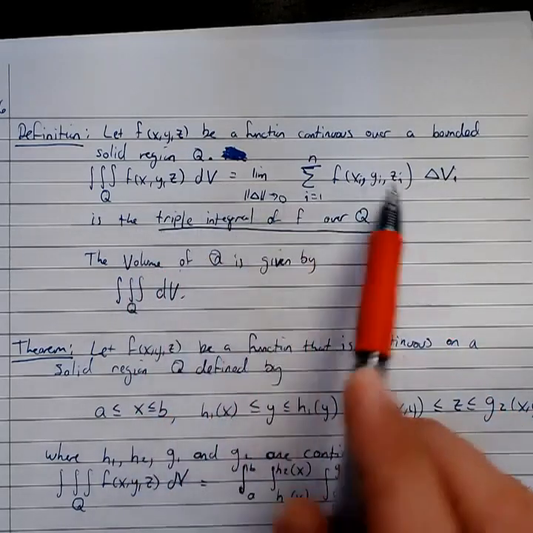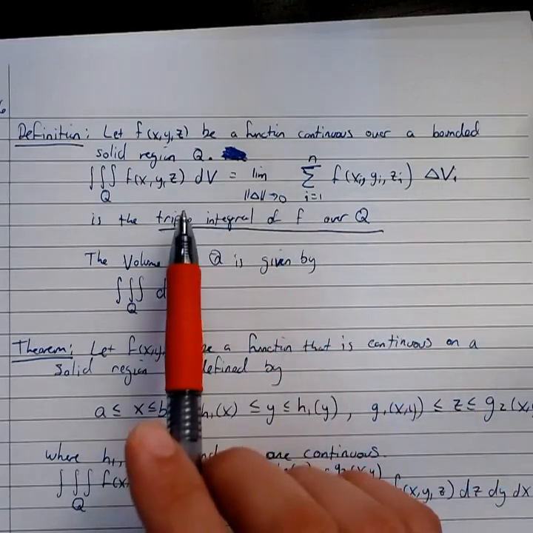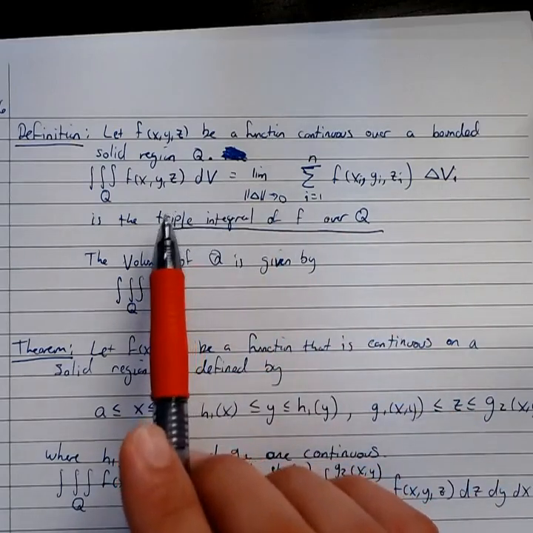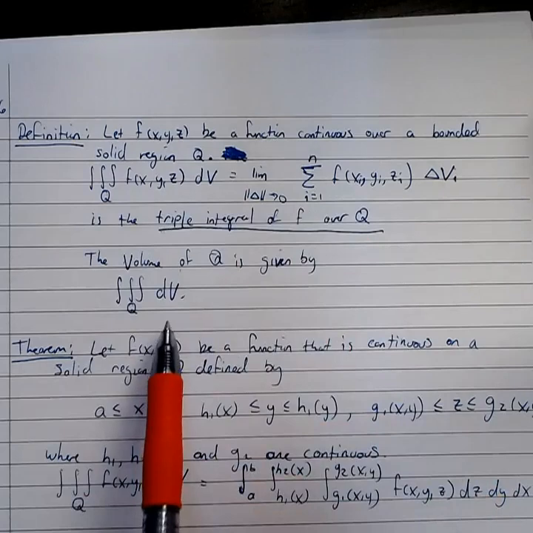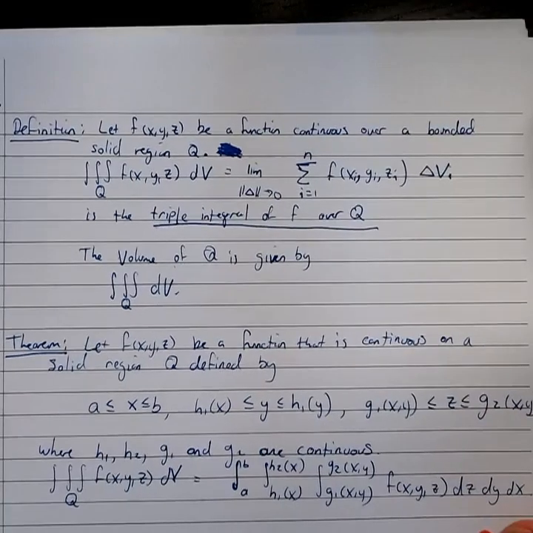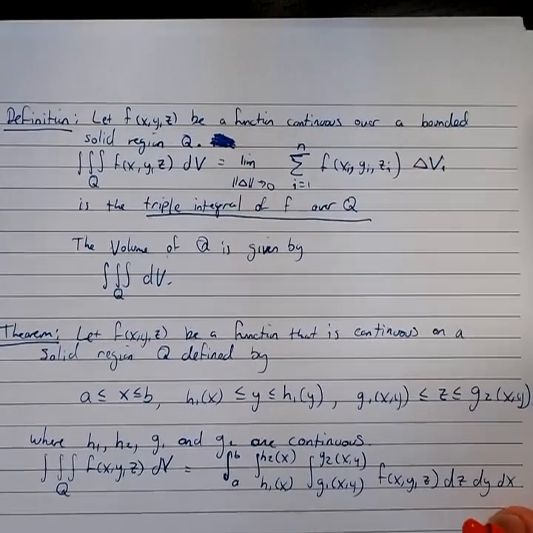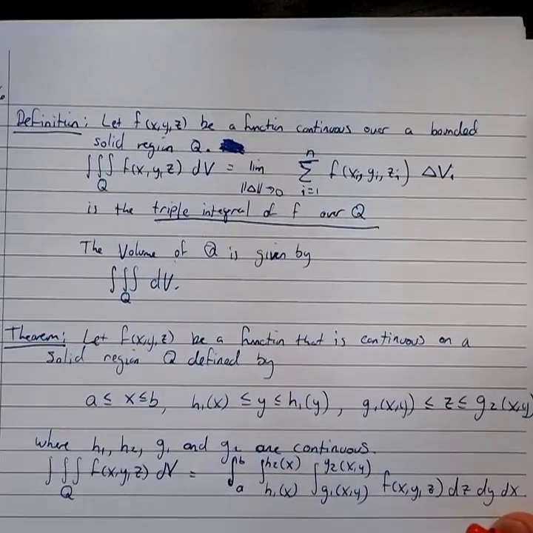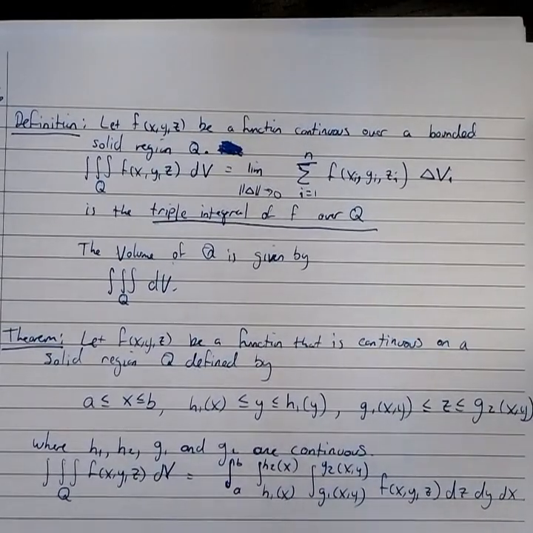But aside from those changes in dimension, the notation and the development of that notation turns out to be exactly the same. So here, instead of going through all of that, let's go ahead and give our definition and our theorem because it does reflect most of what we've seen in previous sections with the double integral.